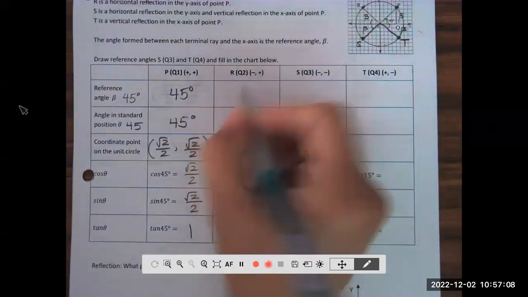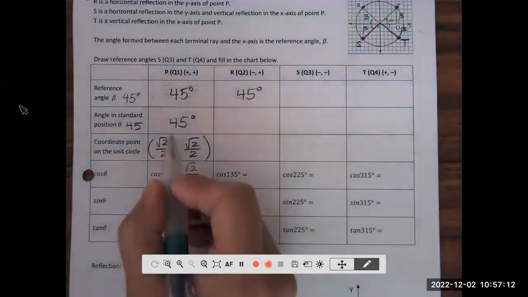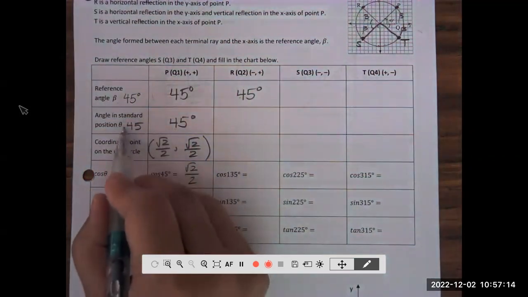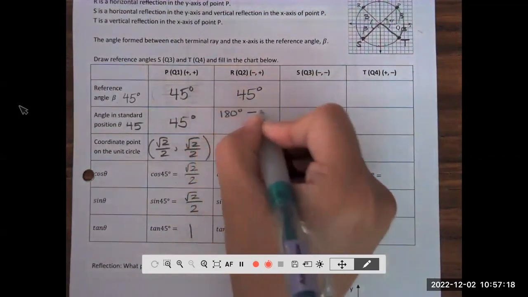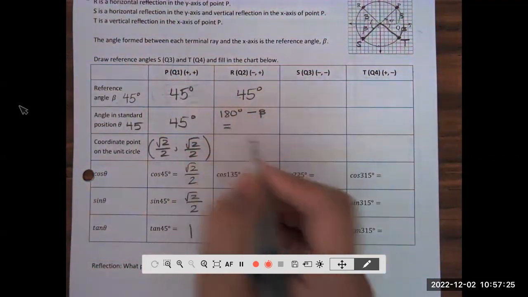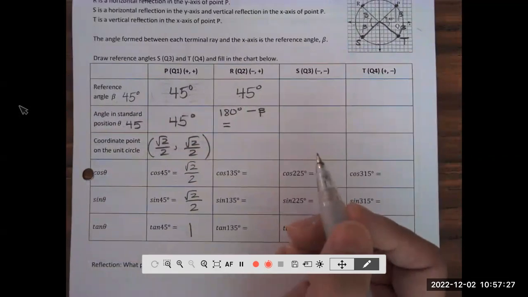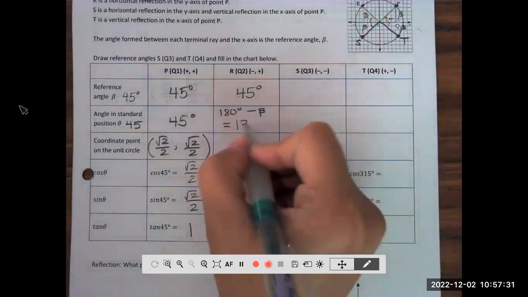What will our reference angle be? It's still 45 degrees. What is the standard position theta? It's going to be 180 degrees minus beta, which in this case is 45 degrees. So what is my theta? What is it, guys? 135 degrees.